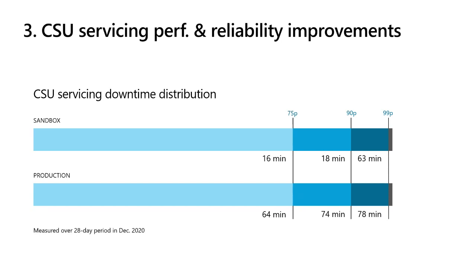That capability at this point has been rolled out to CSUs for sandbox environments. In this chart, for sandbox environment CSUs, the 75th percentile is about 16 minutes, the 90th percentile is 18 minutes, and in the worst case the 99th percentile is still under an hour.